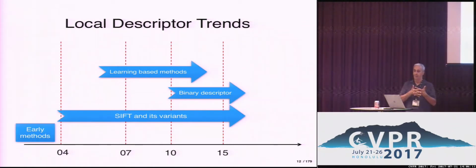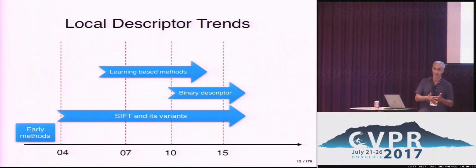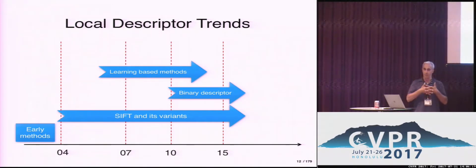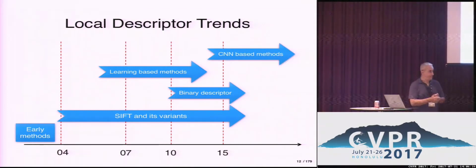So SIFT is entirely hand-designed, but it was relatively soon realized that you could perhaps do better if you trained it for specific scenarios. And of course, in recent years, CNN and deep learning have arrived, and the new methods, of course, are deep.